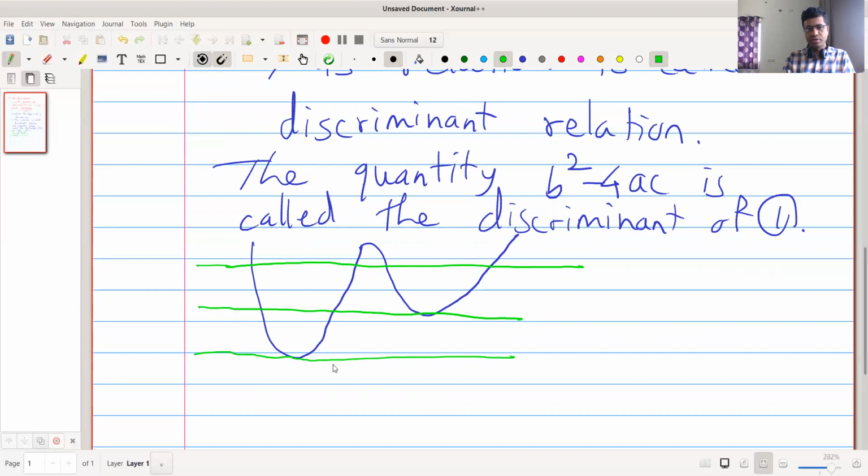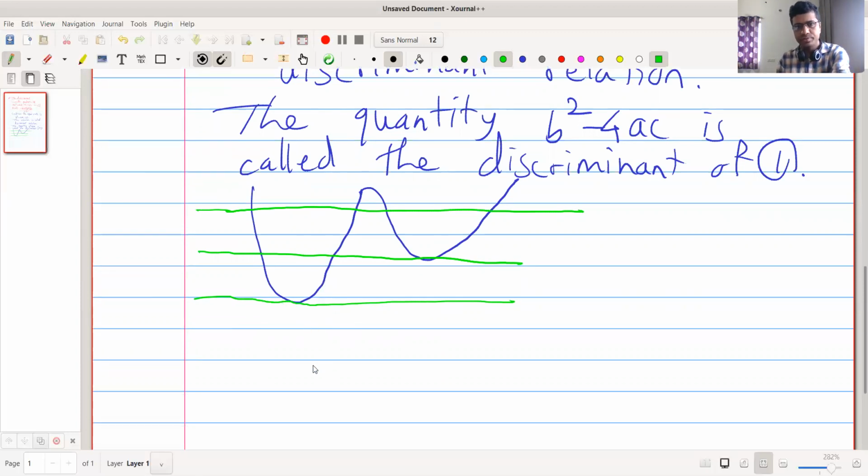Now we can observe that at this point the tangent is parallel to the x-axis, the horizontal axis. That means the derivative is 0. So this geometry suggests solving the given equation along with its derivative equal to 0.